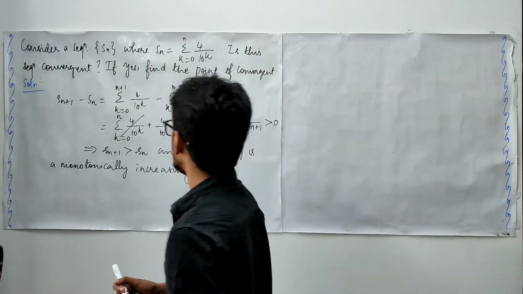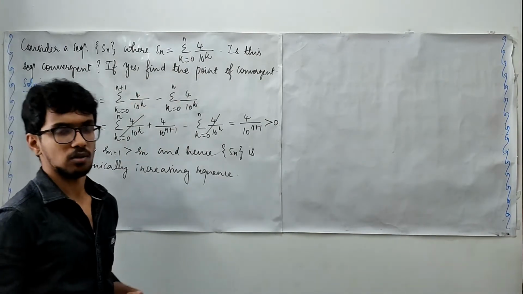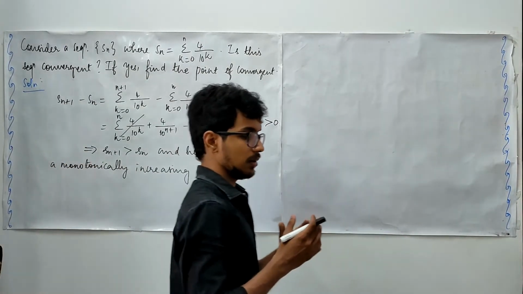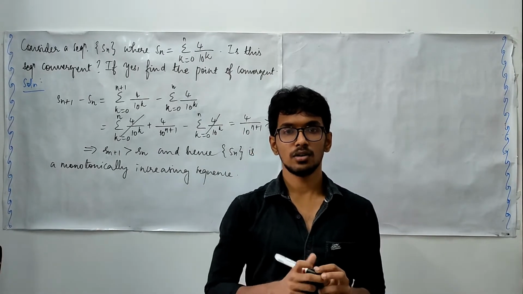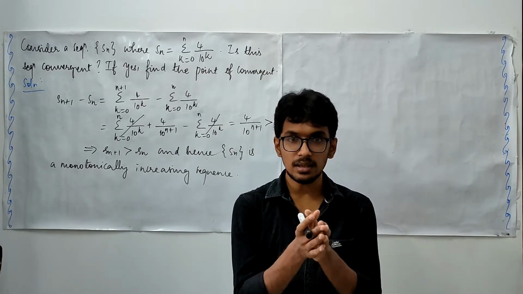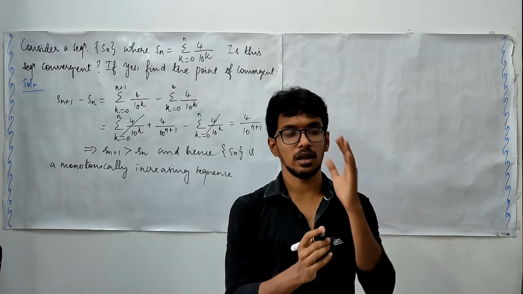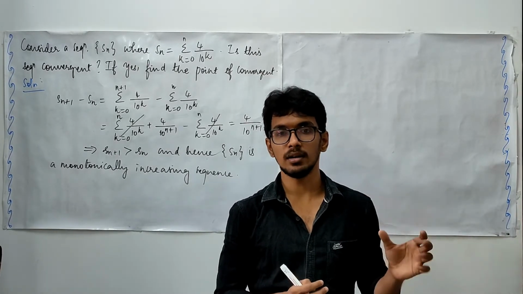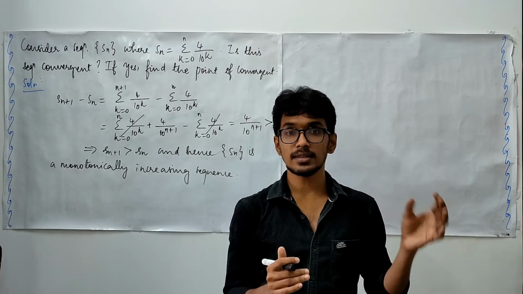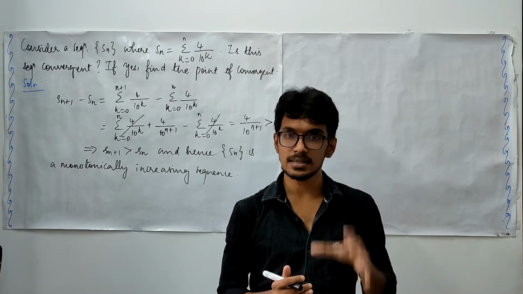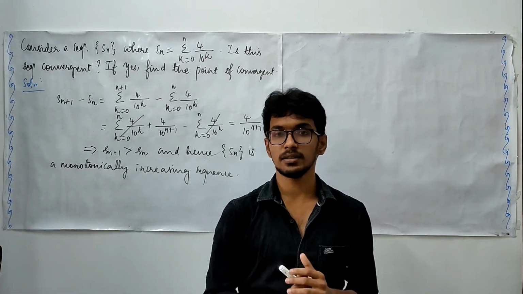Now, we'll see whether this is bounded or not. Here you may notice that it is the basic geometric series. In the geometric series, we are going to take only a certain limit. If we consider only one term, that is our first element in the sequence. If we take the sum of two entries in the series, that is the second element of our sequence.